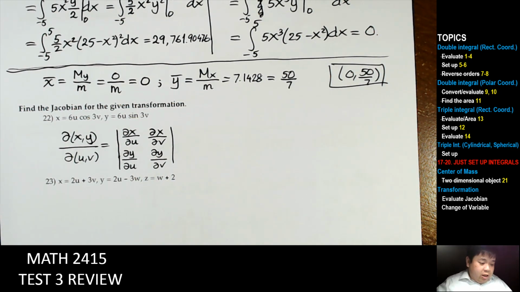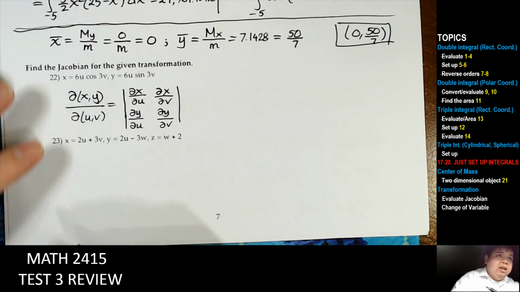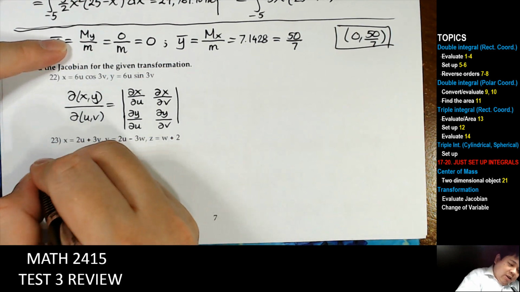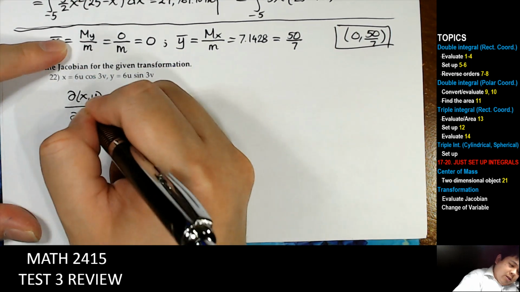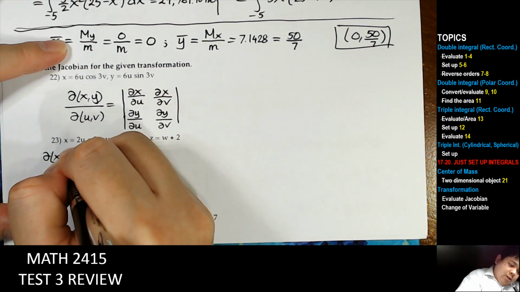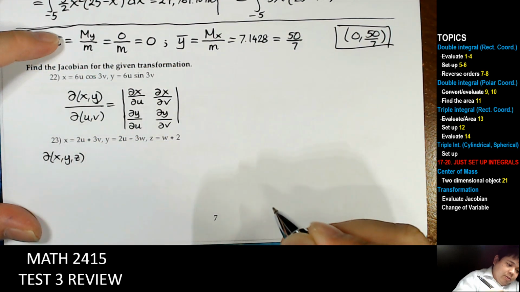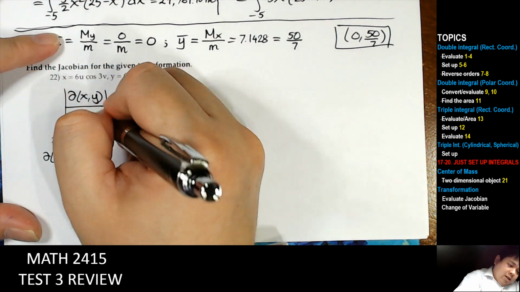I'll do 23. We have x, y, z here, the variables. That's the determinant.